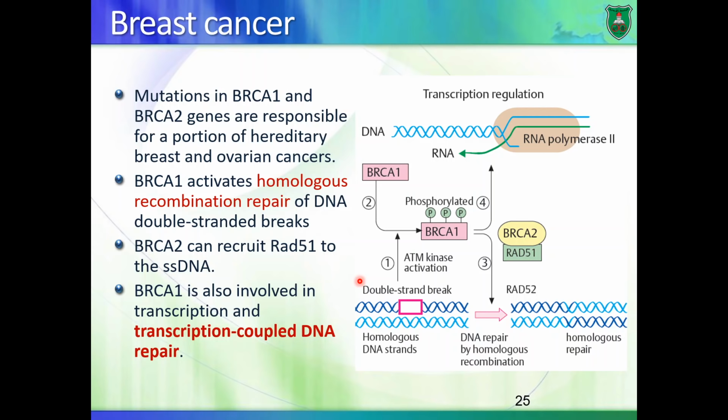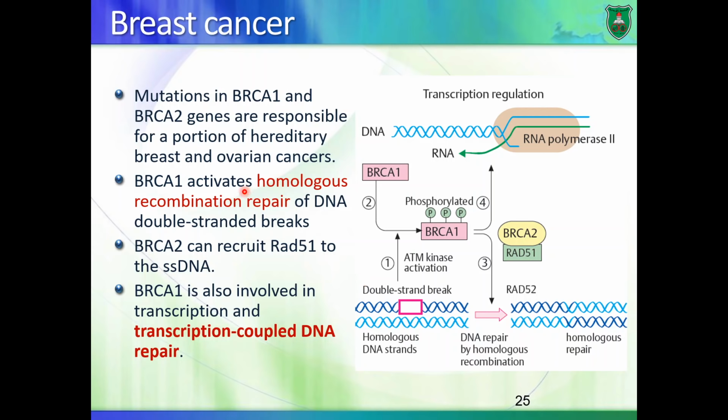Later on, another protein was also identified known as BRCA2. And it has been found that both of these genes are associated with hereditary breast as well as ovarian cancers. Now, later on, when they studied the function of these proteins, they found out that both of them are involved in DNA repair.